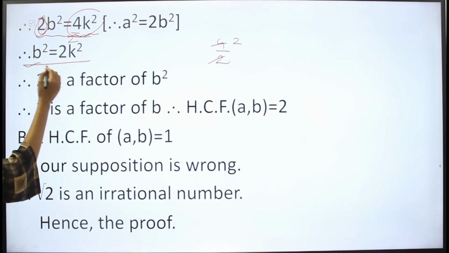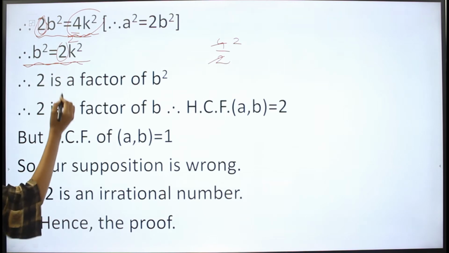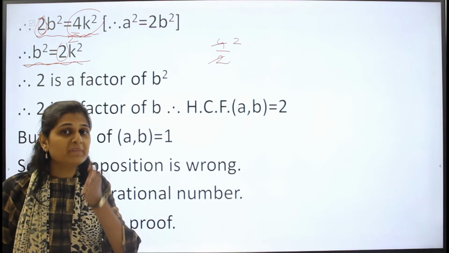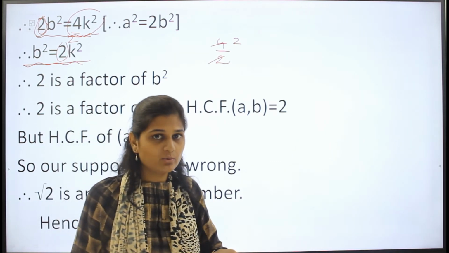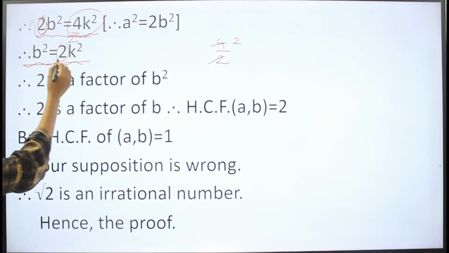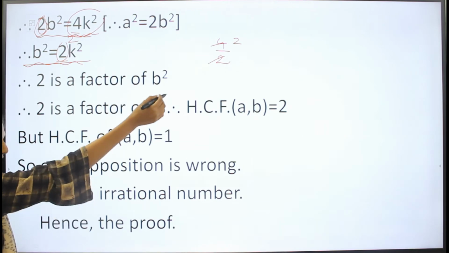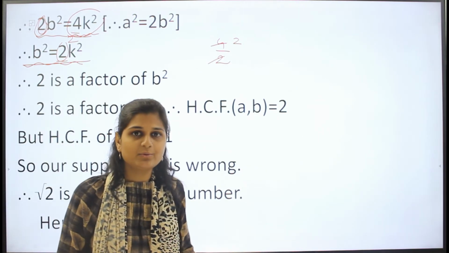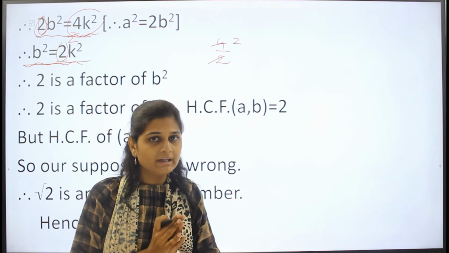Now what is the meaning of this? That 2 is a factor of b square. If you are getting b square equal to 2k square, that means 2 is a factor of b square, and as you have seen before, if 2 is a factor of a square, then 2 is also a factor of a.